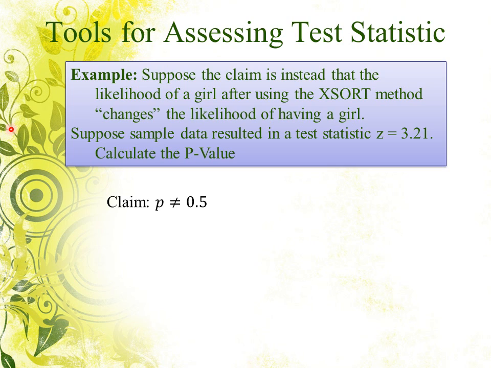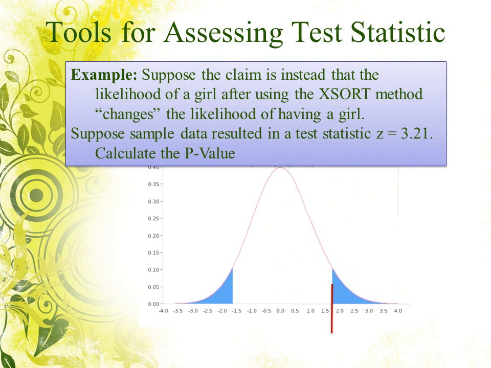So the opposite of this not equal statement is that p equals 0.5. Our null hypothesis will be the statement that has the equals in it, in this case p equals 0.5. And our alternative hypothesis will be the other one, in this case p does not equal 0.5. So we have our alternative hypothesis, and it has a not equal statement in it. So we're going to use a two-tailed test.